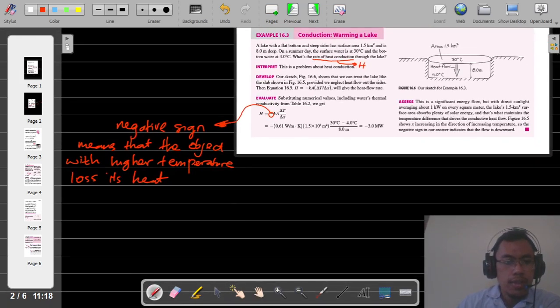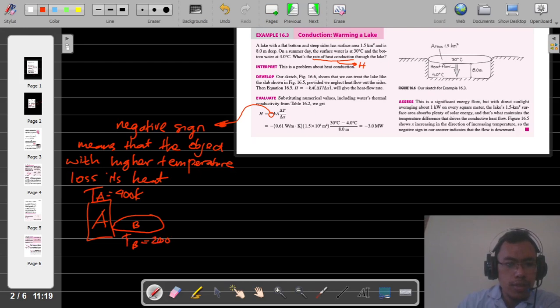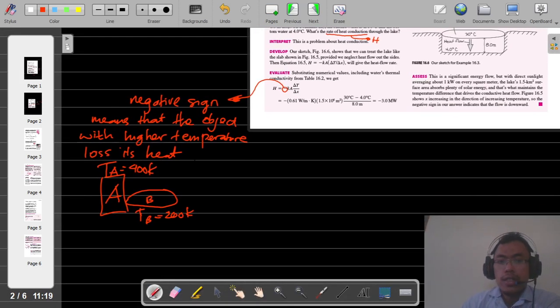So let's say this is object A, the temperature is 400 Kelvin, and then there is a second object B with the temperature of, let's say, 200 Kelvin. As we know, the direction of heat will flow from A to B, because A has higher temperature.